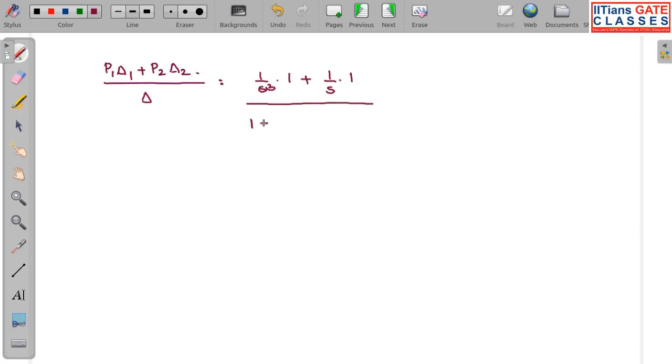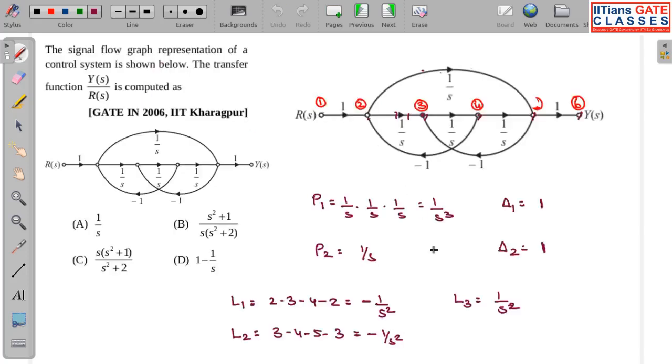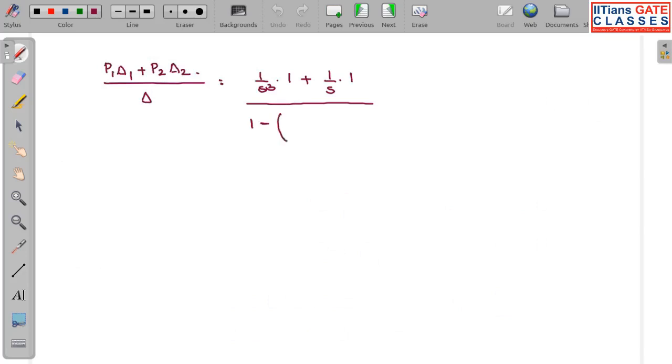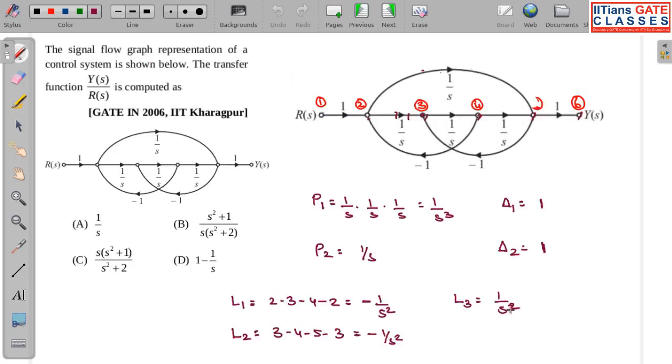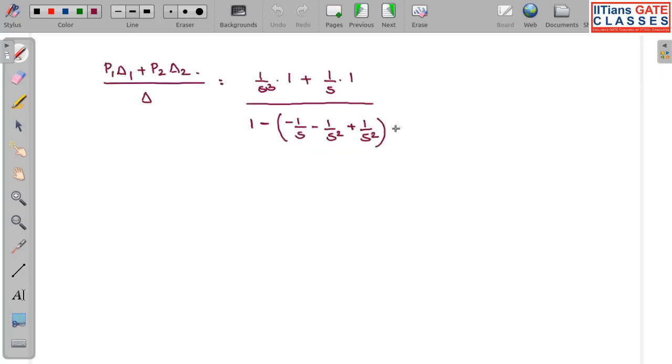So that will be 1 minus the individual loop gains. Over here that is minus 1 by s square minus 1 by s square plus 1 by s square. And there is no non-touching loop over here. All the loops are touching because they have somewhere or the other one of the nodes common. You can see it yourself. So this will be 0.